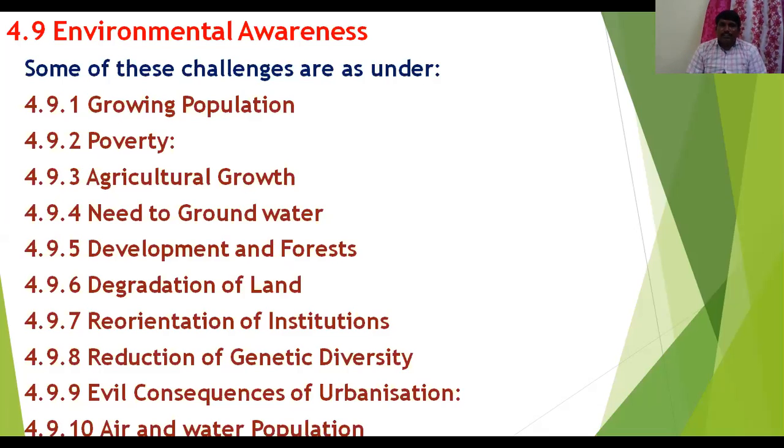And the eighth is the reduction of genetic diversity. The proper measures to conserve genetic diversity need to be taken. At present, most wild genetic stocks have been disappearing from nature. Wildlife, including the Asiatic lion, are facing problems of loss of genetic diversity.